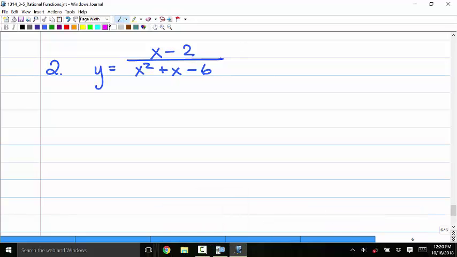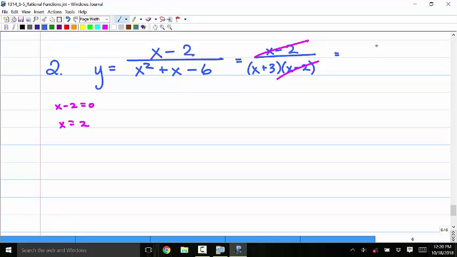First thing, you need to factor it, correct? You get x minus 2 over, what is that, x plus 3 times x minus 2. If I cancel common factors, x minus 2 equals 0. That's going to be a hole. So my remaining reduced equation is 1 over x plus 3. Do you agree?